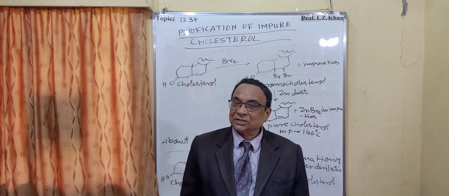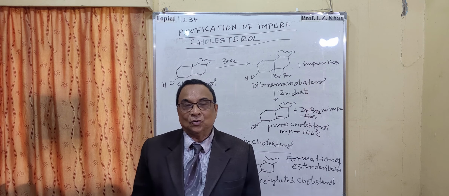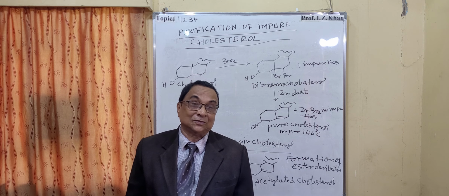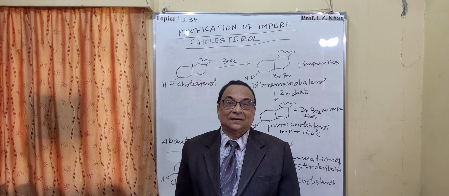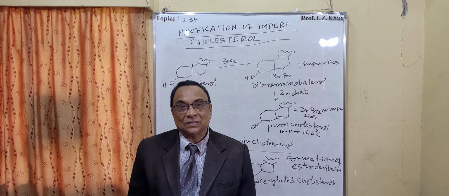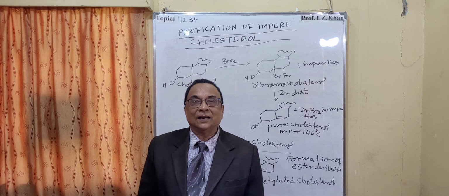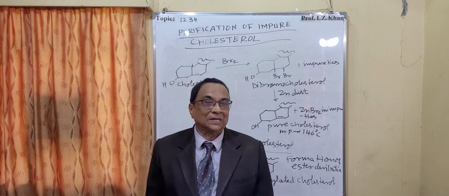Secondly, when cholesterol is subjected to acetylation in the presence of pyridine, pyridine is used as a solvent and plays a very important role in producing the acetylonium ion, and there is a reaction mechanism for it. But here we are not interested in the reaction mechanism, rather in how to get the ester.